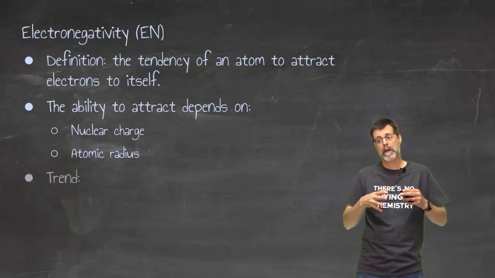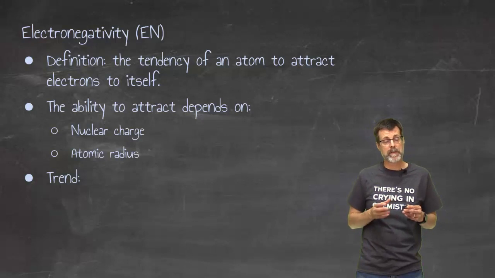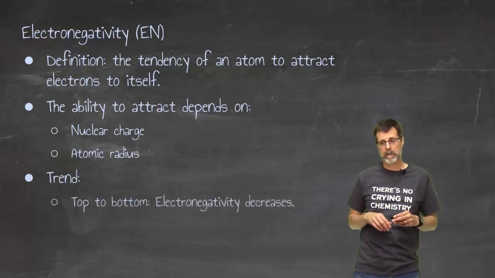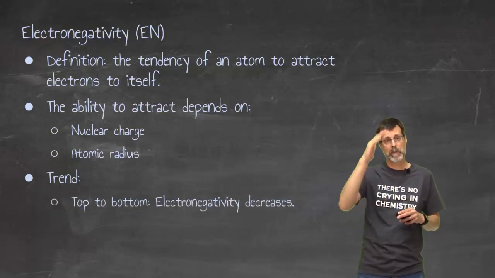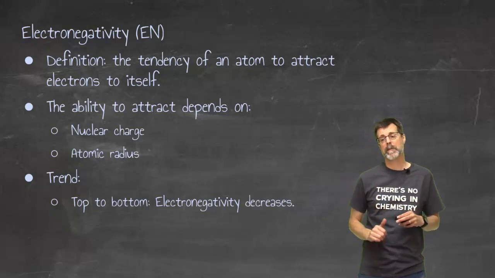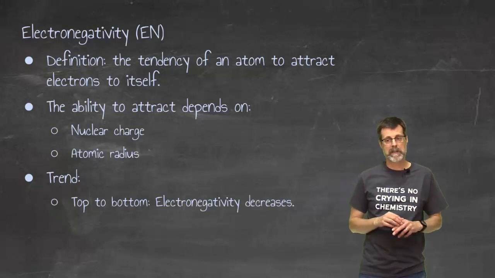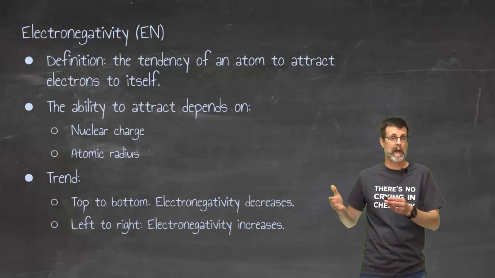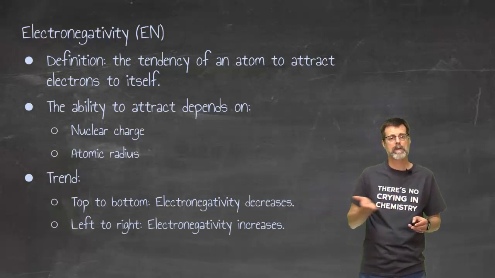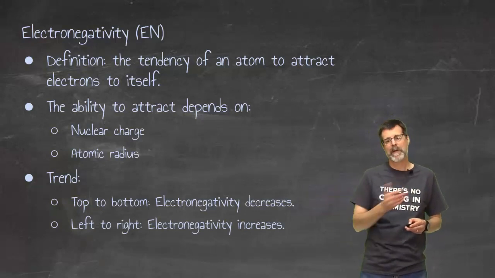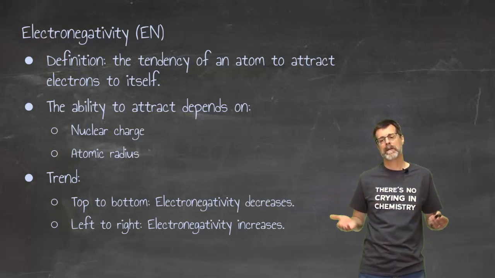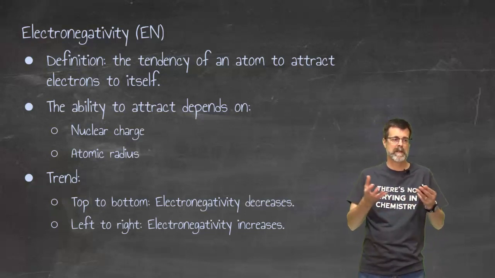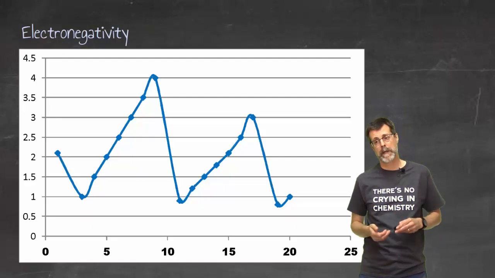So again, small atoms tend to do this better, large atoms tend to not do it very well. Top to bottom, our smaller atoms are at the top, larger at the bottom, so the electronegativity decreases. And left to right, our atoms are getting smaller, so our electronegativity increases. They start to attract electrons to themselves much better.